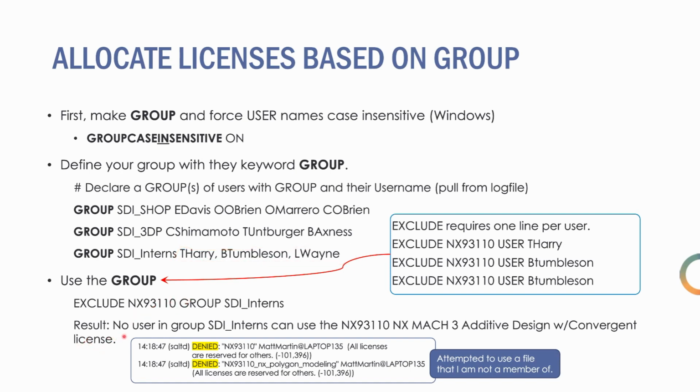So the result is I tried to access a license that I was not a part of, and I was denied. I see that in the license log, and I can see explicitly what I tried to do. I tried to access the 93110 Polygon modeling, and I was denied because I was not a member of that group.